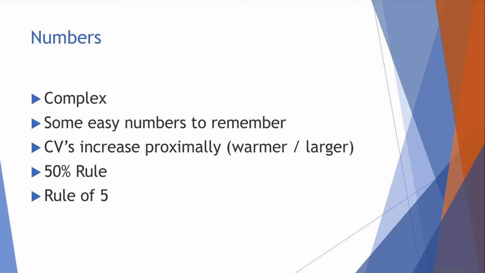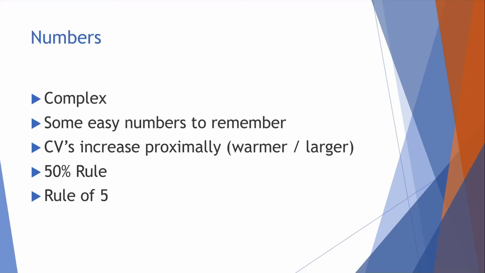When it comes to actual data interpretation, one does have to rely on your neurophysiologist who is performing the studies. But having said that, there are some relatively easy numbers to remember. I've devised a system, the rule of 5, which we'll go through in a moment. There are ways of trying to remember things in a useful way.